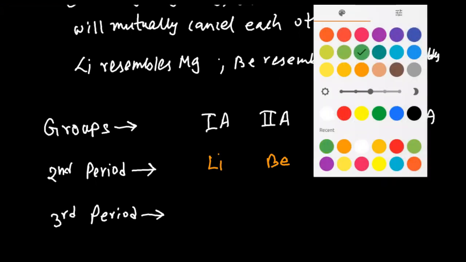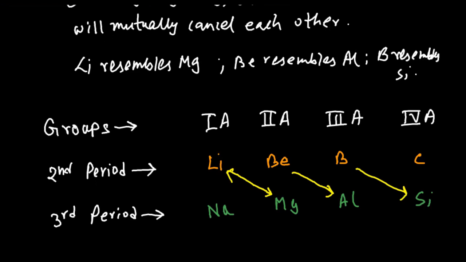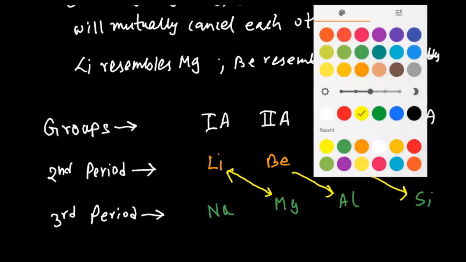Next we will write the third period elements: sodium, magnesium, aluminium, silicon. The diagonally related elements will show similar properties: lithium with magnesium, beryllium with aluminium, boron with silicon. So these diagonally opposite elements will show similar properties among themselves. This is what the diagonal relationship is all about.